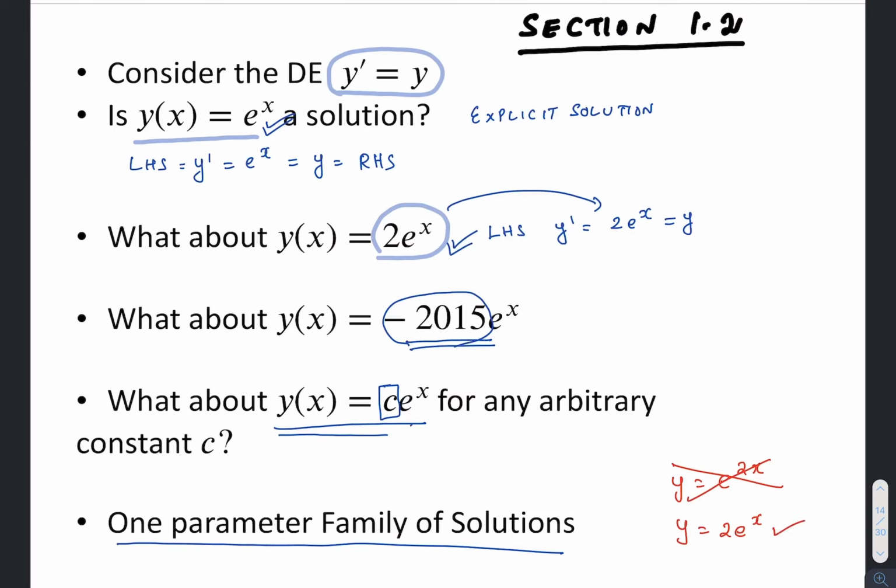We have a family of solutions, the e to the x family. Any constant multiple of e to the x is a solution. We call that a one-parameter family of solutions, and that parameter is c, an arbitrary constant.